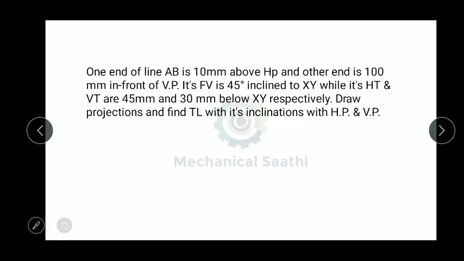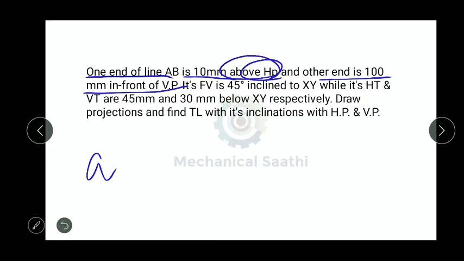Here it says that one end of the line AB is 10 above HP, and the other end is 100 in front of VP. Let us take one end as A, which is 10 above HP, so I can write A dash is 10 above HP.